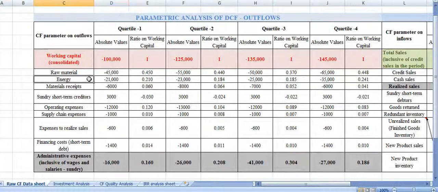In this case, it matters most in energy and in product engineering, productivity engineering, for reducing the operating expenses as well as the expenses to realize sales through better brand equity, and work around short-term debt through strategic initiatives to lower the cost of financing, a very key component in the sustainability of projects, and look at the short-term creditors and the debtors and eliminate debt to a large extent.